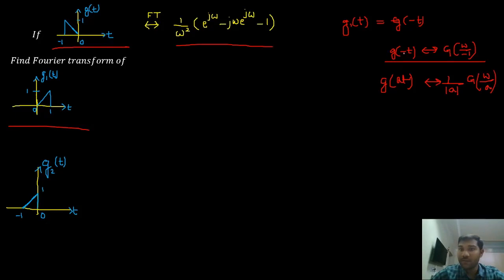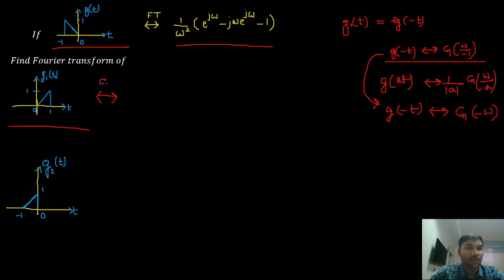Instead of a, we have negative 1. So 1 by mod negative 1 is 1. Then g of omega by minus 1. So this can be further simplified into g of minus t has the Fourier transform g of minus omega. So in place of omega here, if I substitute minus omega, I will get the Fourier transform for g1 of t.